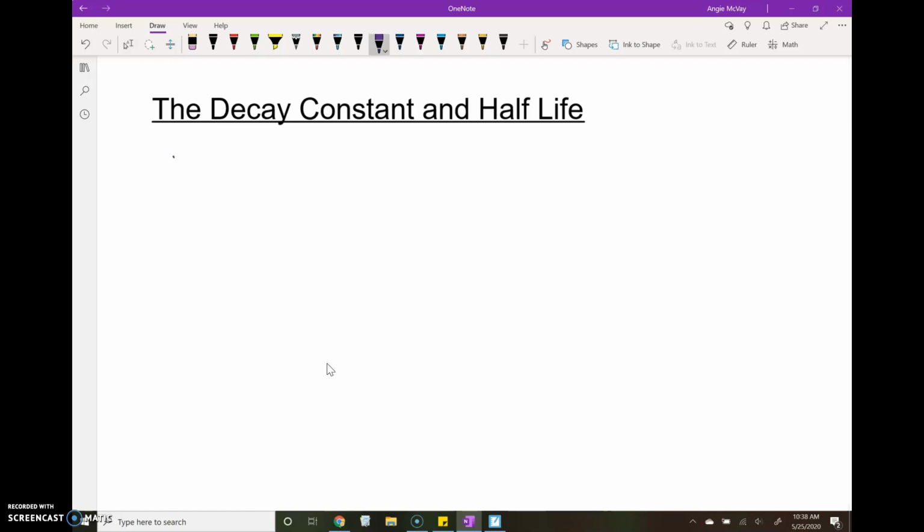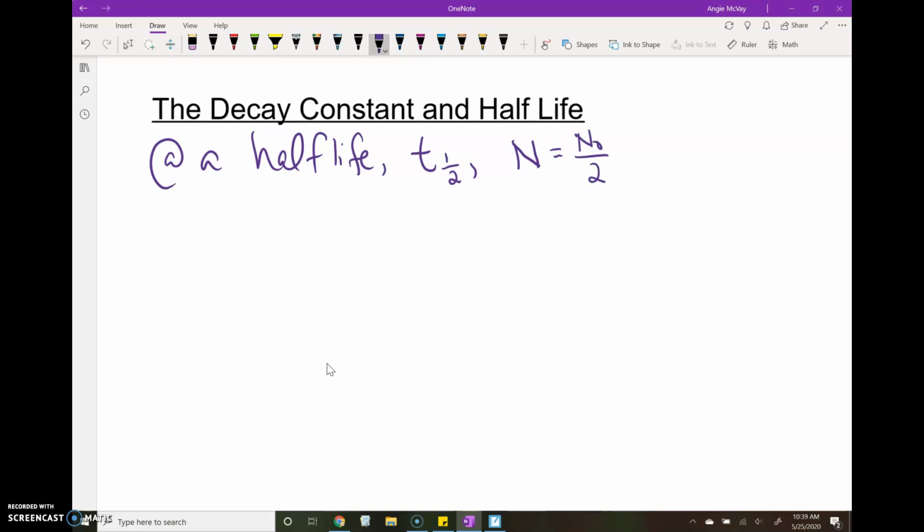So at a half-life, right, a half-life is the time it takes for half of a parent nucleus to decay. So half-life is often abbreviated T1/2. And at a half-life, the number of undecayed nuclei equals the original number divided by 2. So just like we were talking about on a previous slide.